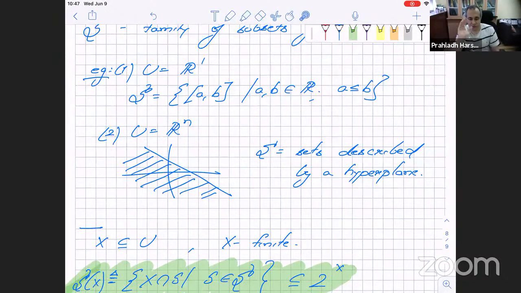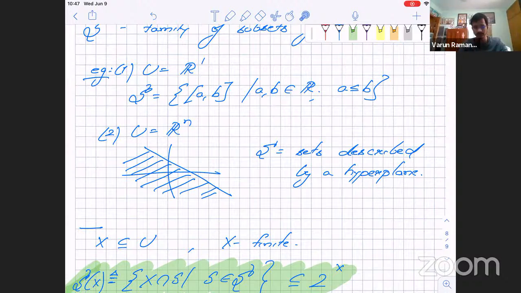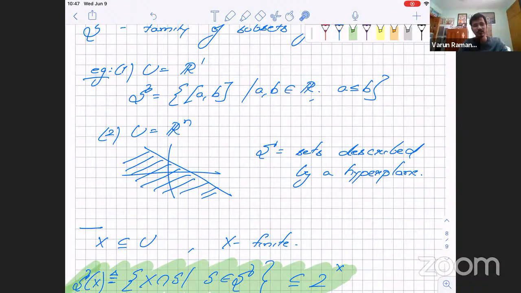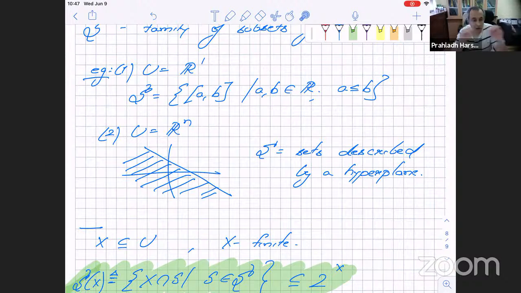Therefore, if you give me 2 points, it is shattered. Suppose I give you 3 points. Can it be shattered by this set system? Suppose I give you 3 points on a line and I take the 2 extreme points. You can't, because an interval containing those 2 points must contain the interior point. So there is a set of 3 points which is not shattered by the first set system.